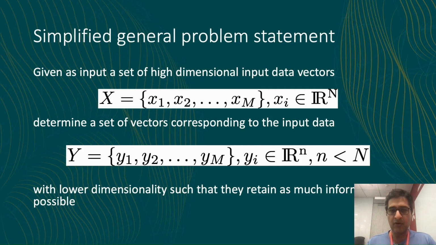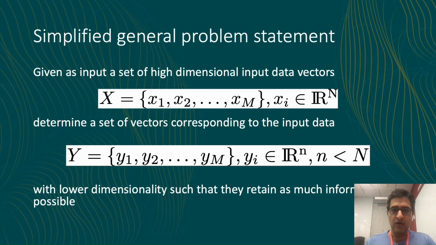And what you're trying to do is create a mapping for each of these high-dimensional data points X to a Y. Y is in a small n-dimensional space, where small n is much smaller than your capital N. Okay.